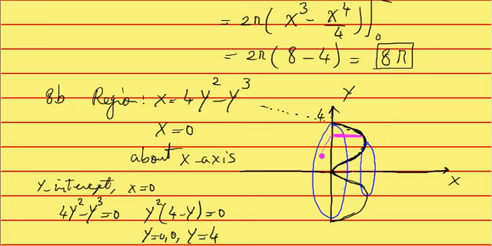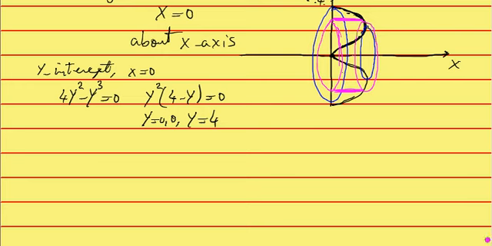When you rotate that strip, it's going to come here, and so all that you have to do is to find the volume of that shell. Well, for this shell, the radius is y now. From here to here, the radius is y.